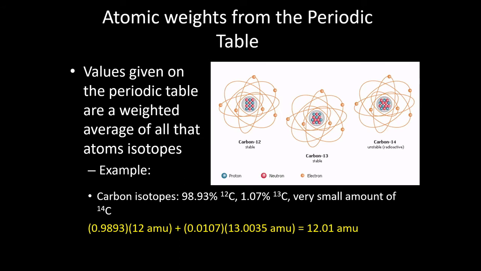Well, the answer is that the mass number on the periodic table is not the mass number of a single atom. What the periodic table gives us is actually a weighted average of all the atoms, all the isotopes of an atom. So carbon, for example, has 3 different semi-commonly occurring isotopes.